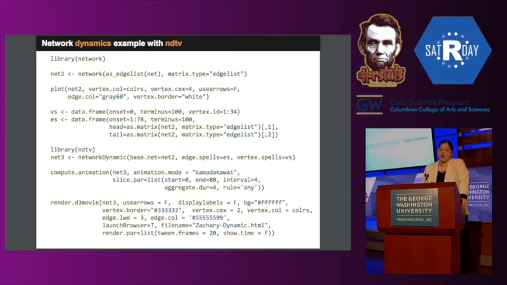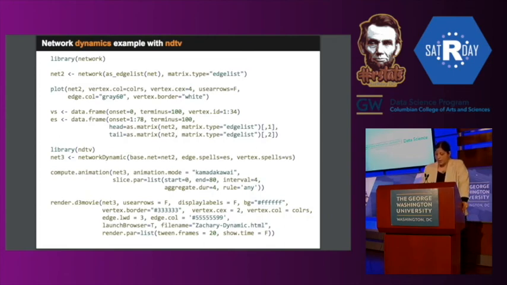We're saying every node in the network is going to start at time point 0 and end at time point 100. And then every edge in the network is going to show up one by one. The first edge is going to show up at time point 1 and be there until 100. The second is showing up at time point 2 and be there until 100, and so on and so forth.